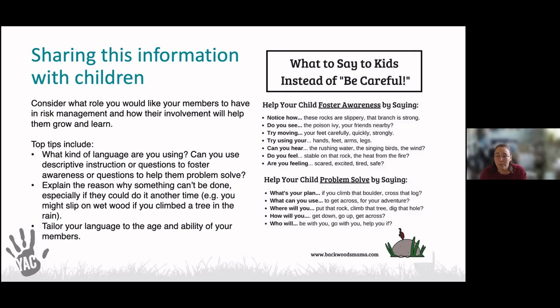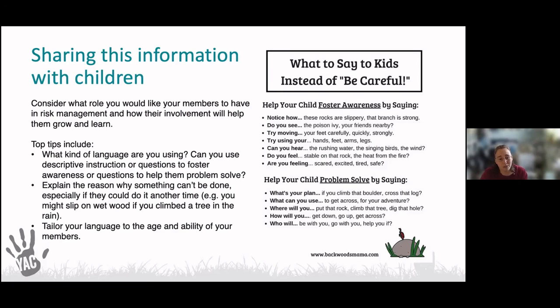And again, we all know our members. We know what they're able to do. And they're usually able to do a lot more than some adults give them credit for as well. I'm not saying us, I'm saying some. So it is using the language to get them to almost tell us how to behave and get them thinking about it.